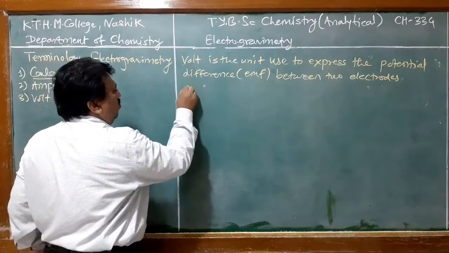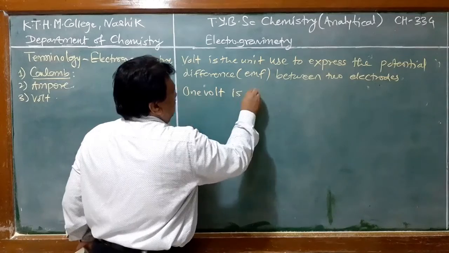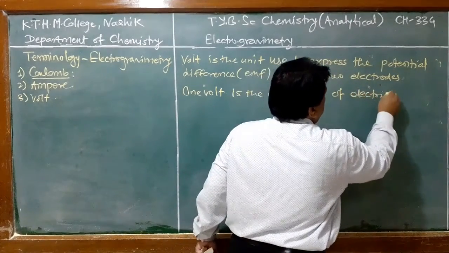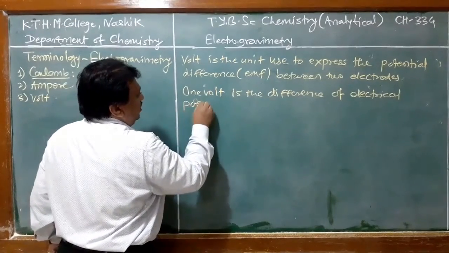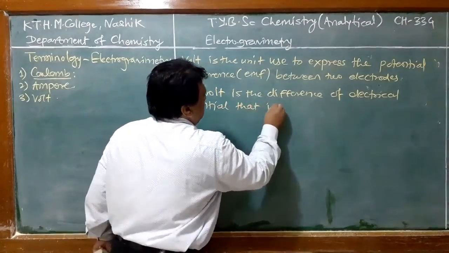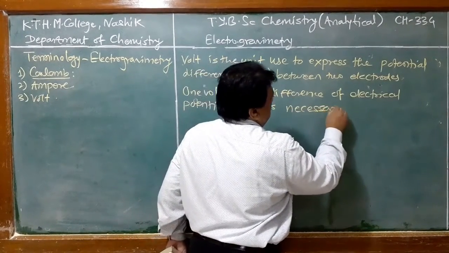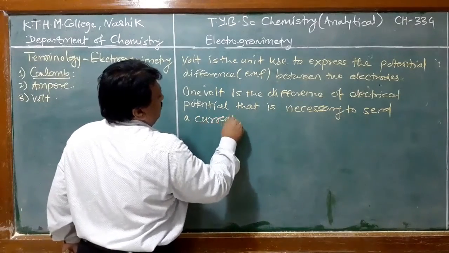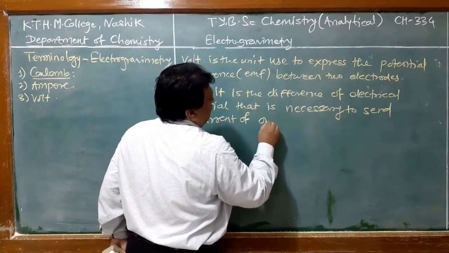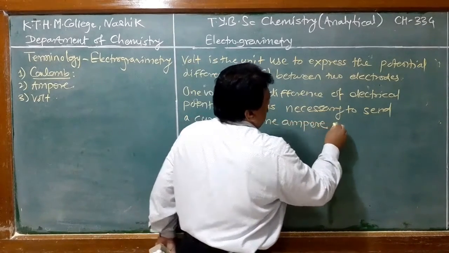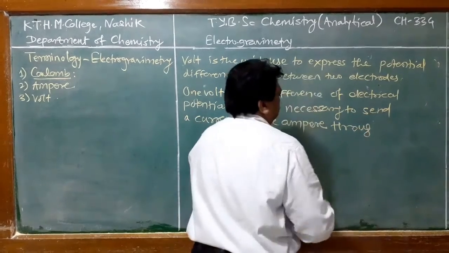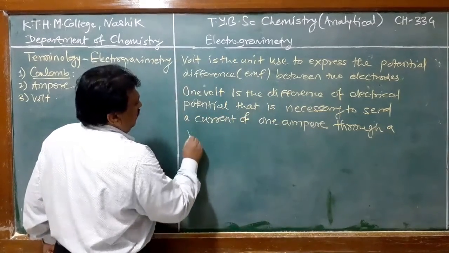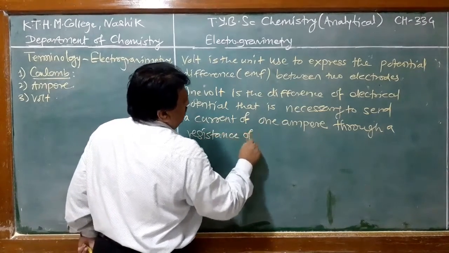We can define volt. 1 volt is the difference of electric potential that is necessary to send a current of 1 ampere through a resistance of 1 ohm.